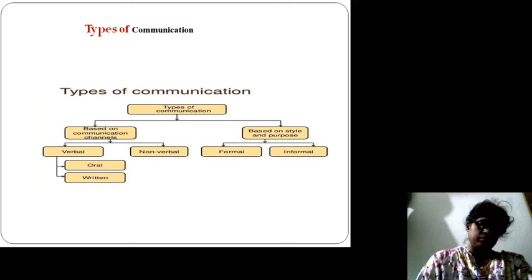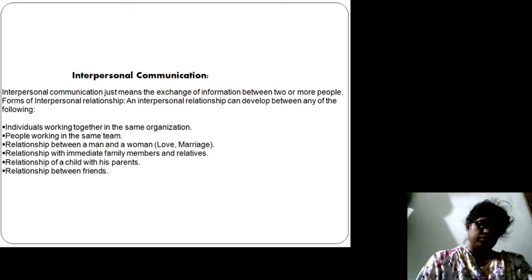Now there are again interpersonal communication and intrapersonal communication. We will see interpersonal communication first. What is that? Interpersonal communication means the exchange of information between two or more people. Again, this is a type of communication but something different from oral, written, verbal, non-verbal, or formal and informal communication.